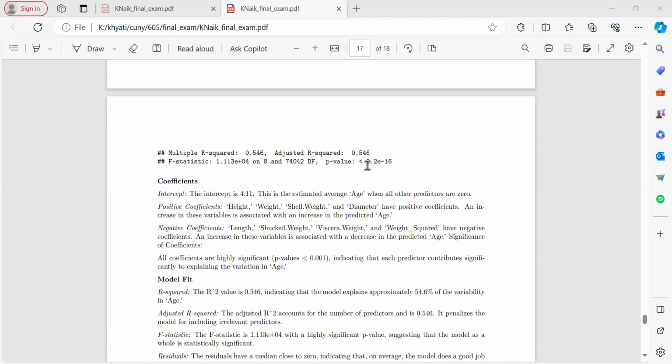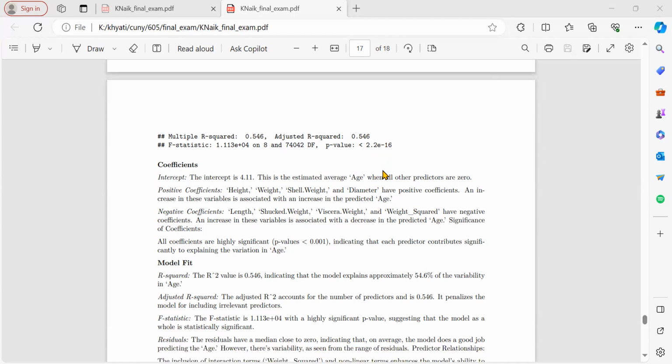It penalizes the model for including irrelevant predictors, eliminating the insignificant variables. And also we can see that our F value is 1.113 and so on, with a highly significant p-value, suggesting that the model as a whole is statistically significant.